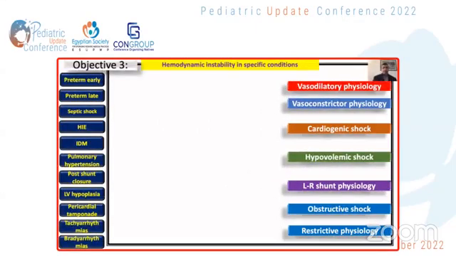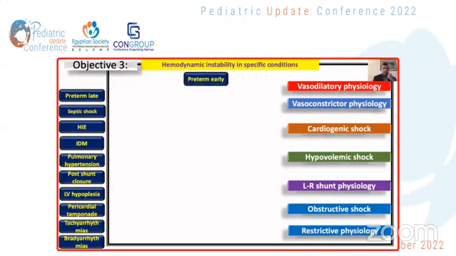Now let us discuss objective number 3, the clinical presentation of shock. With each clinical entity or issue that might happen in a premature or term infant, we have one or more of the underlying expected physiologies.